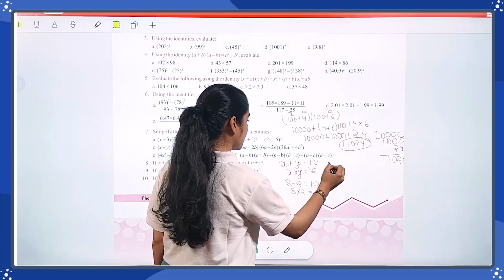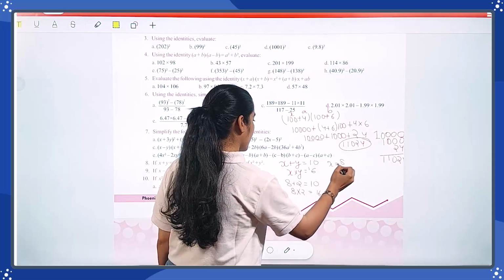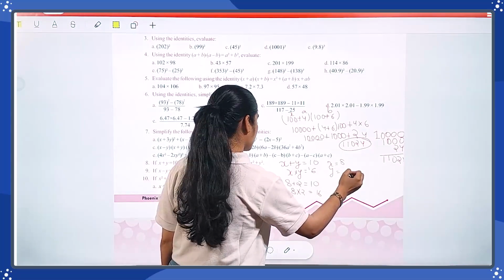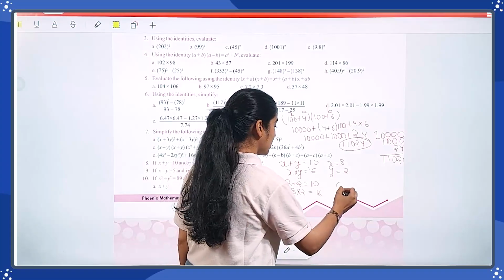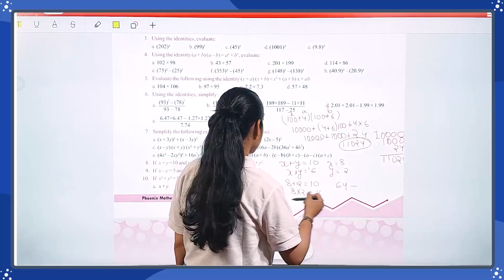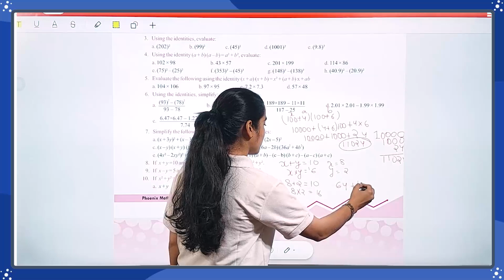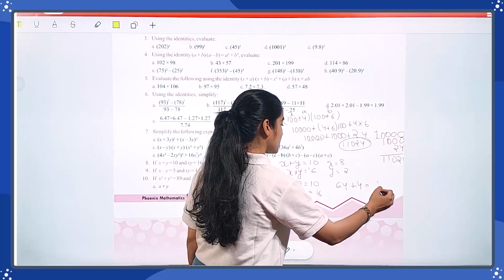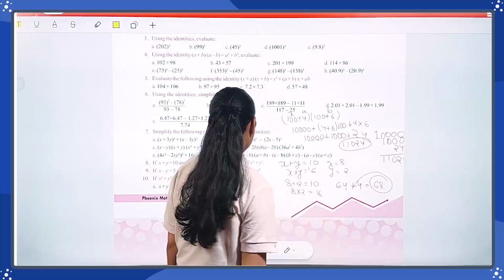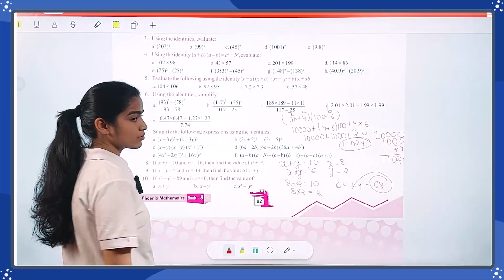So your x is 8 and y is 2. So x square is 8 multiplied by 8, which is 64, and y square is 4. So 64 plus 4 is 68. This is your final answer. So in the same way you have to solve the rest of the questions.